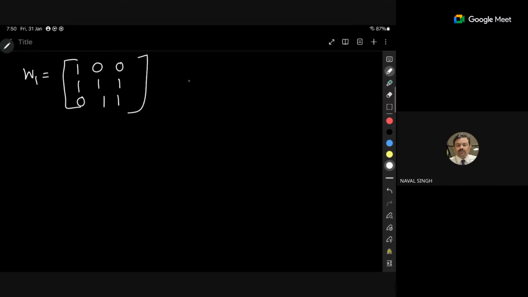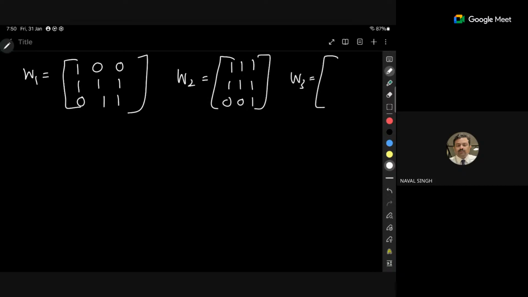So I'll cover that. The weights are 1 1 1 1 1 1 0 0 1, and the next is 1 0 0 1 1. So these are the three weights. Biases are not given to us, otherwise they would have given us biases.